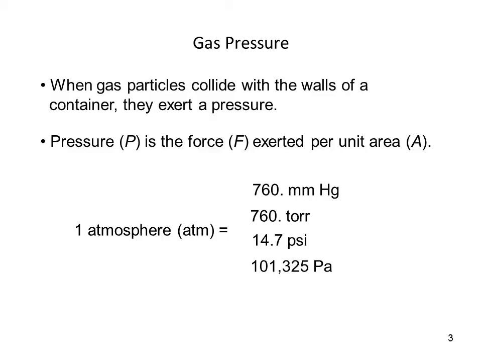A torr and a millimeter of mercury are identical, just like a centimeter cubed and a milliliter are identical. They're just the same unit, but with different names. You do need to remember that 760 millimeters of mercury or torr is equal to 1 atmosphere because we will be using those relatively frequently.